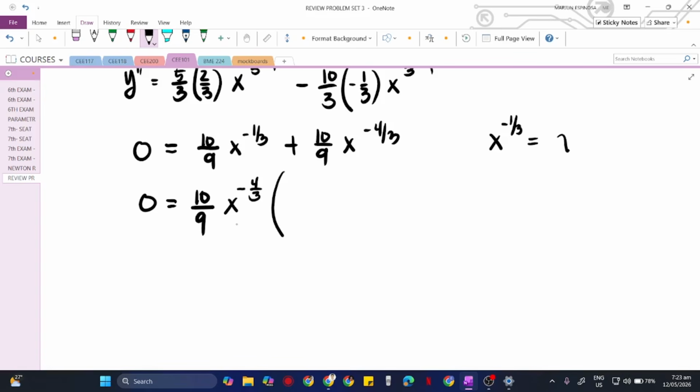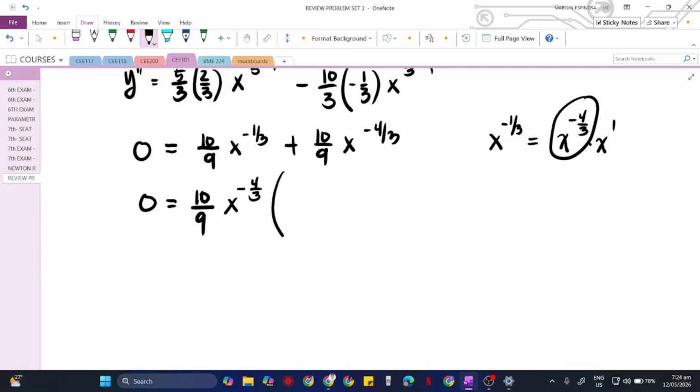Paano ba tayo magkakaroon ng negative 1/3? Anong exponent i-multiply natin dito, so we have your x, para magkaroon tayo ng negative 1/3? Di ba 1? Kasi negative 4/3 plus 1, magiging negative 1/3 yan.